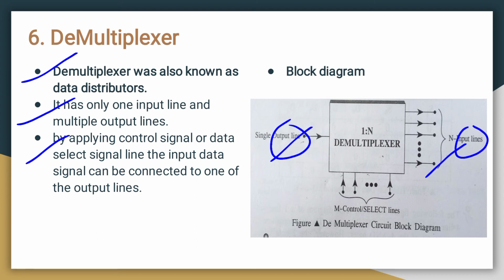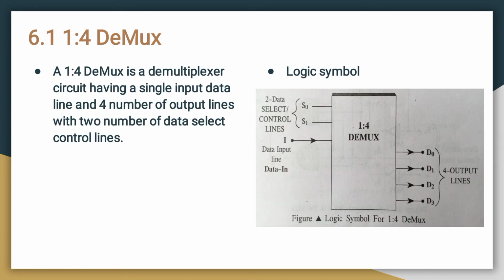By applying the control signal or data select signal line, the input data signal can be connected to one of the output lines. So depending on the control signal, we connect to the output lines. Let's see an example, that is the 1:4 demux.